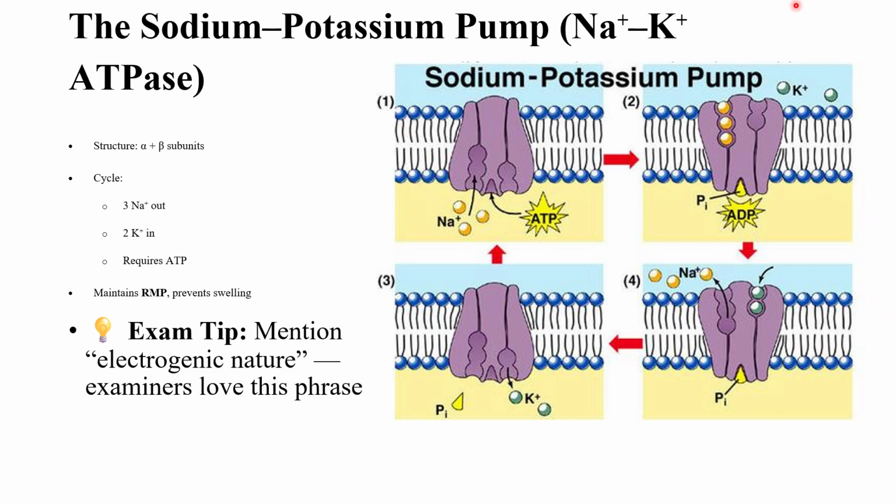As ATP binds and is split into ADP and phosphate, the released energy causes the pump to shift its shape, almost like a rotating gate.